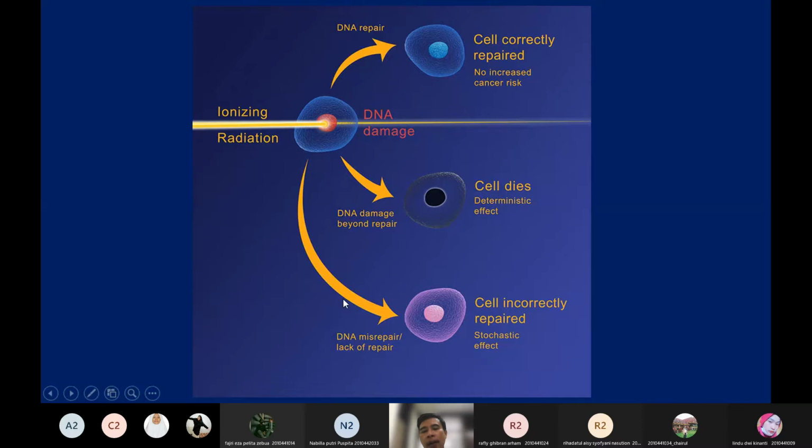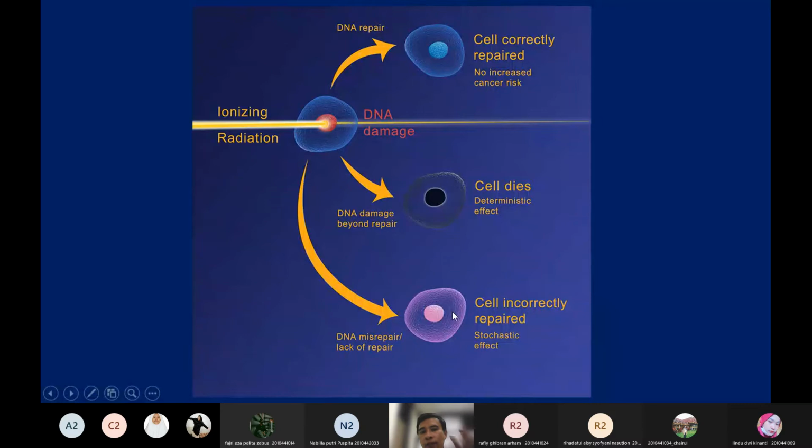third possibility. Jadi ada kemungkinan ketiga adalah ketika suatu radiasi mengenai nukleus atau inti sel, and then the cells experience DNA damage. Jadi sel itu mengalami kerusakan DNA, and unfortunately when the cells try to repair it, jadi sel memiliki program untuk memperbaiki kerusakan DNA-nya, but then the cells undergo DNA misrepair.